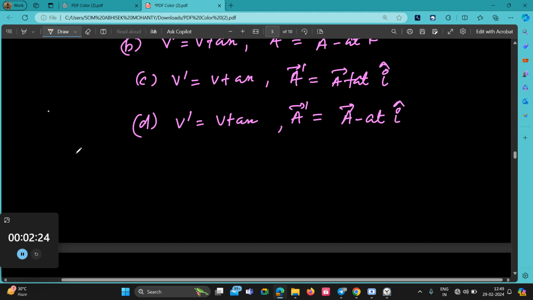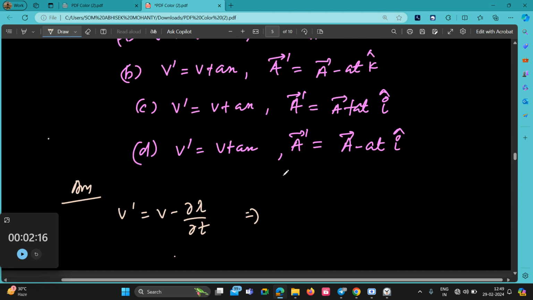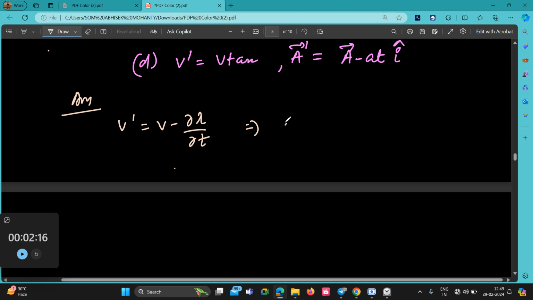Okay, so how to solve? Let me solve this one. V dash is equal to V minus ∂λ/∂t. You have to remember that. Now, ∂λ/∂t is how much?